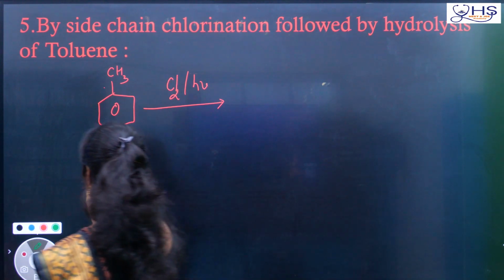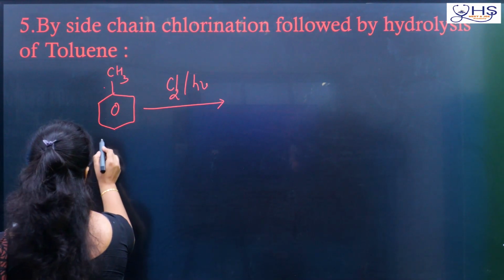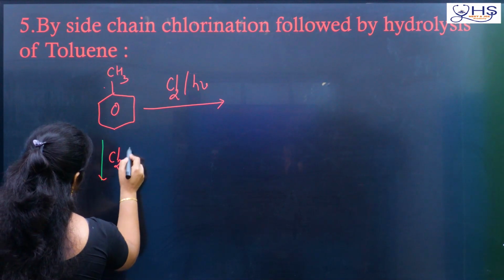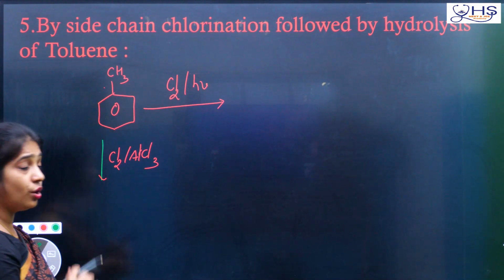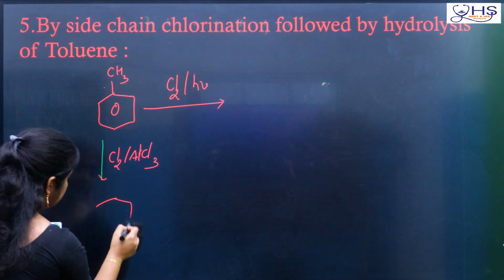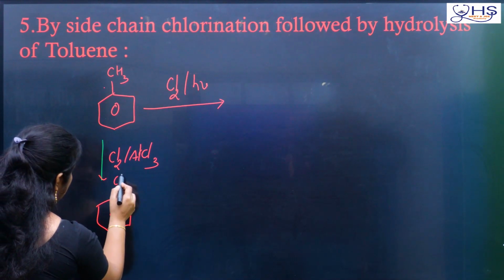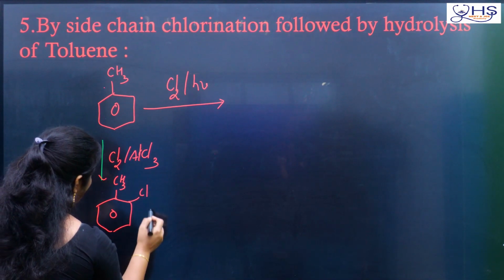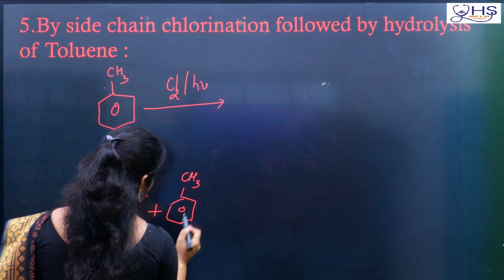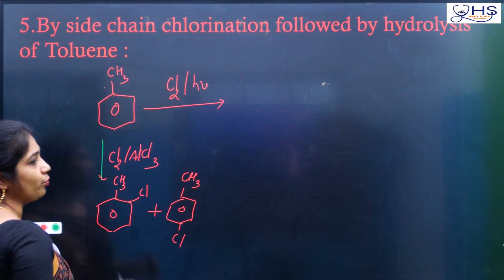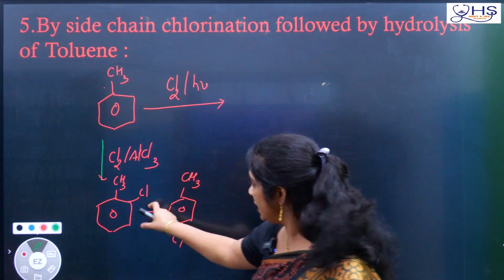If I am writing the same toluene and chlorine in the presence of AlCl3, it means electrophilic substitution. Don't get confused, and in competitive exams here only students make mistakes. So here electrophilic substitution means you will get orthochlorotoluene and parachlorotoluene, but this is not our present topic. Just for your information I have given you.